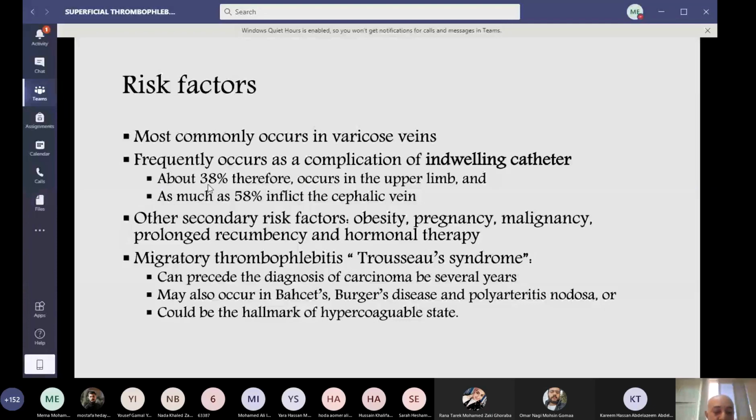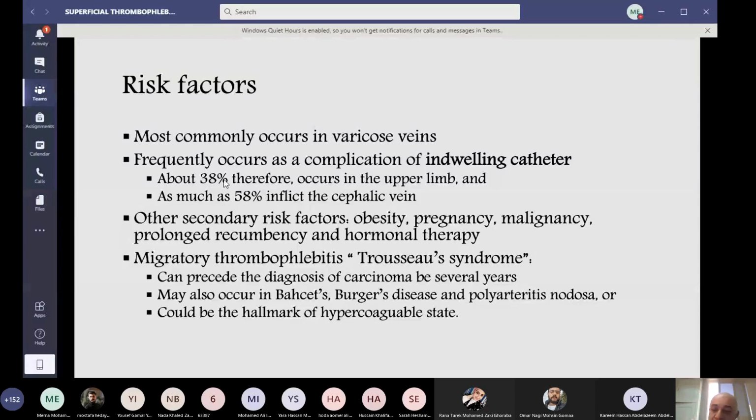About 38% occurs in the upper limb. As much as 85% involve the cephalic vein, because the cephalic vein is one of the sites of predilection for insertion of the cannula.